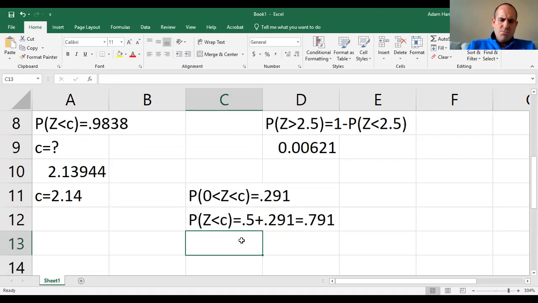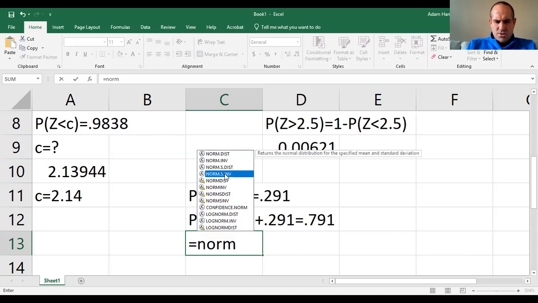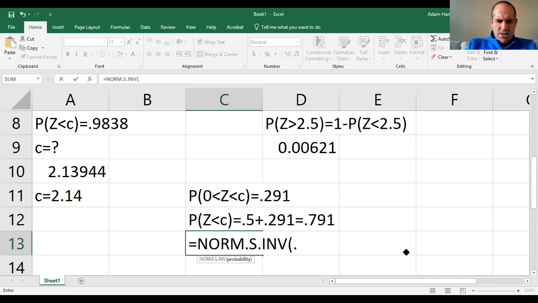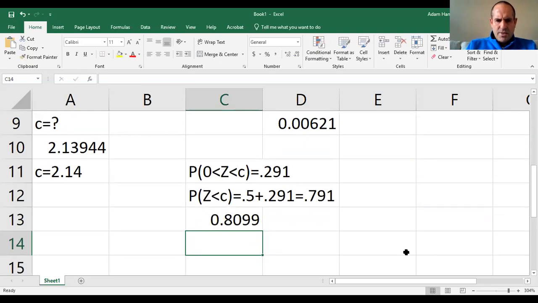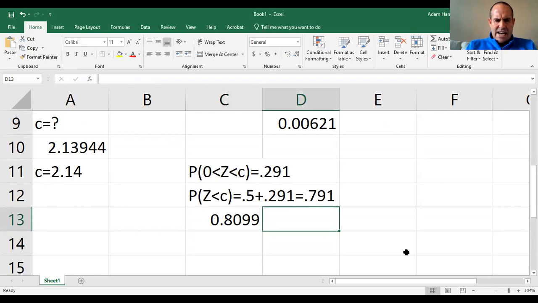So what is the C value? I'm going to go equals normal standard inverse, and I put 0.791 in there, and I get 0.8099.